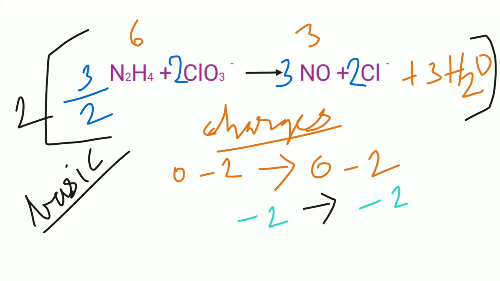The next page I am writing the answer. When we multiply 3 by 2 by 2, it becomes 3 moles of hydrazine, 3N2H4.